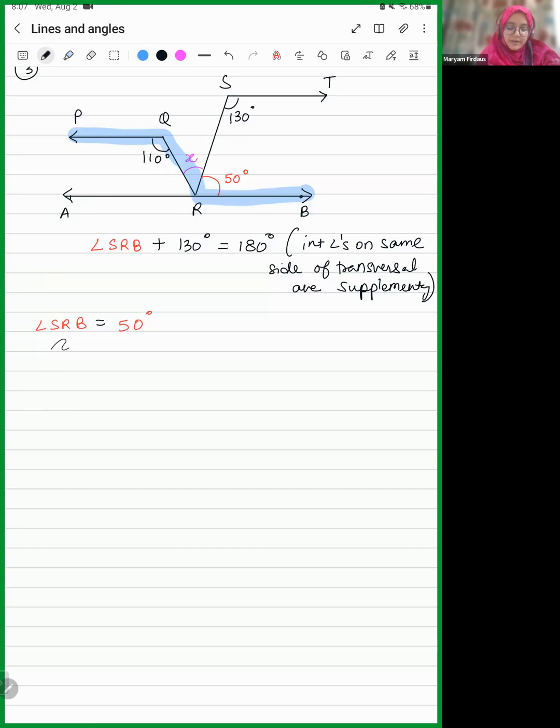So we'll write here now, PQ is parallel to AB. So 110 degrees will be equal to something. Alternate interior angles. Now tell me, what is that something?